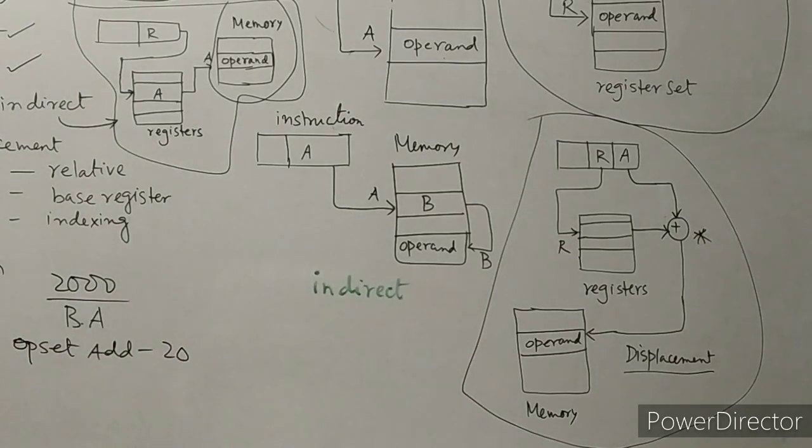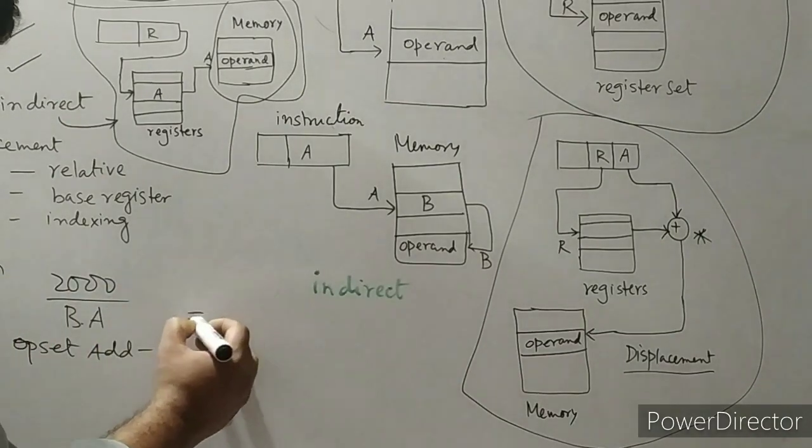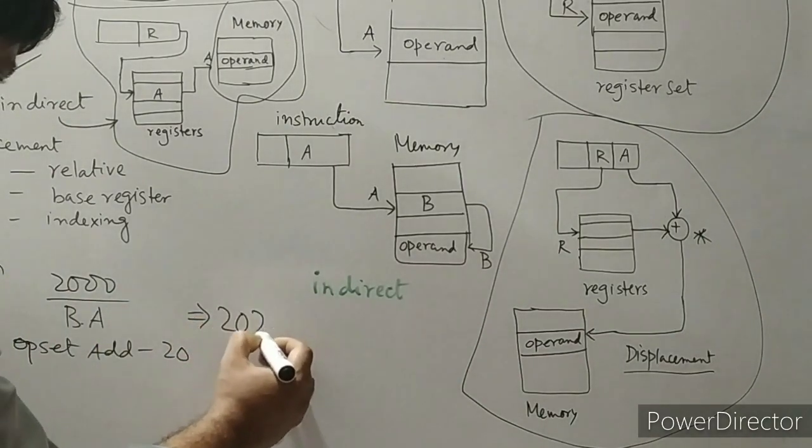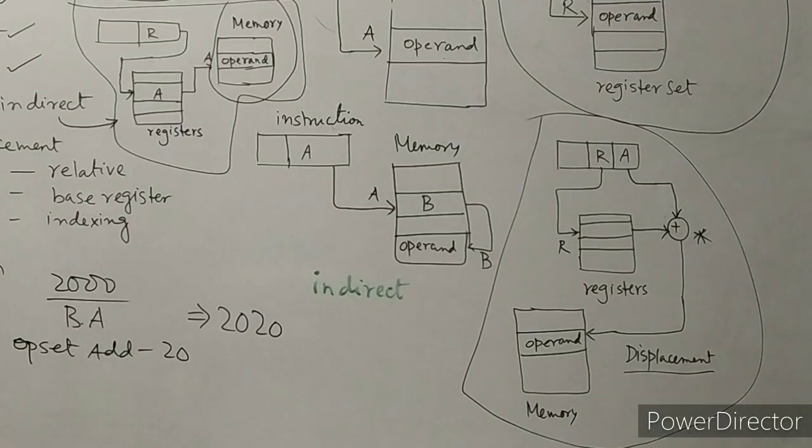So our base address is 2000 and the offset address is 20. If you add them, you will get 2020 as the physical address. That is your base register displacement addressing mode.